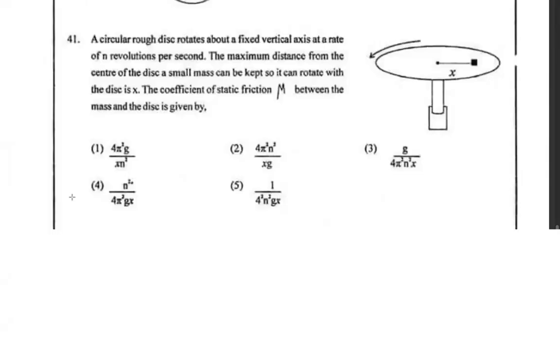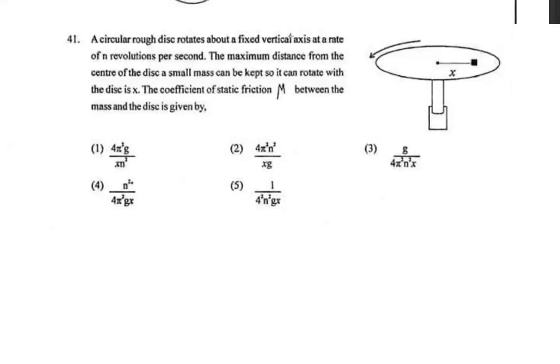Right. A circular rough disc rotates about a fixed vertical axis at a rate of n revolutions per second. Okay, n revolutions per second, RPS. So omega is equal to n revolutions in 1 second.